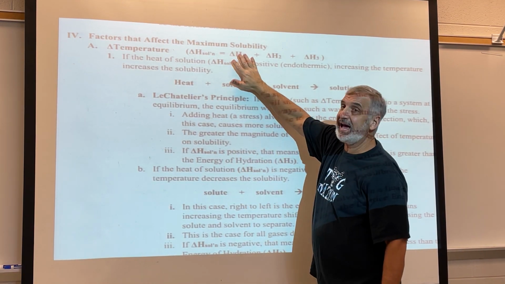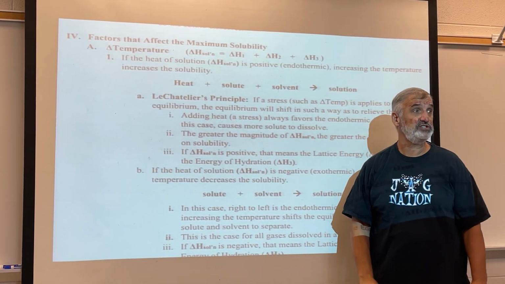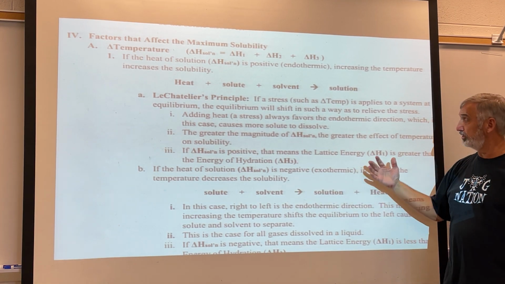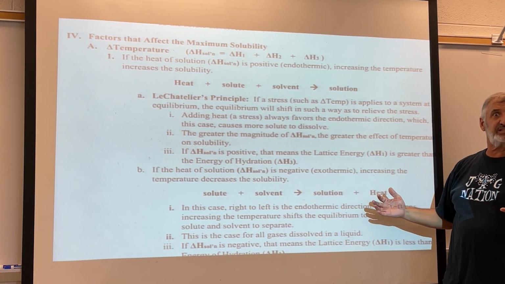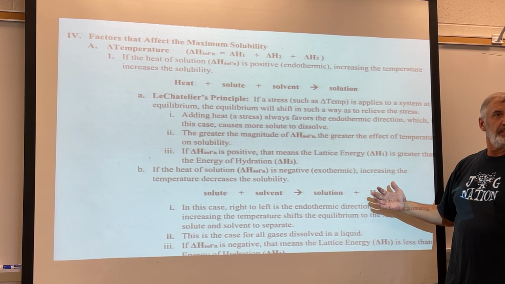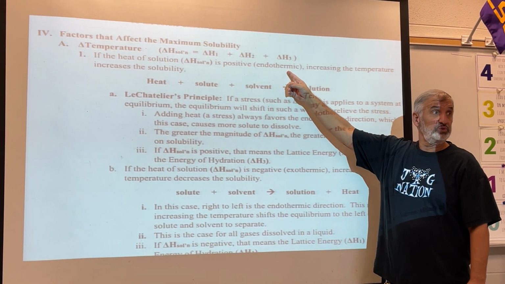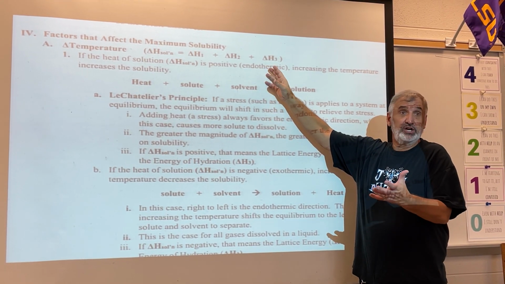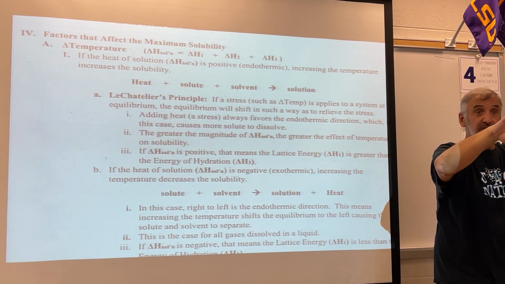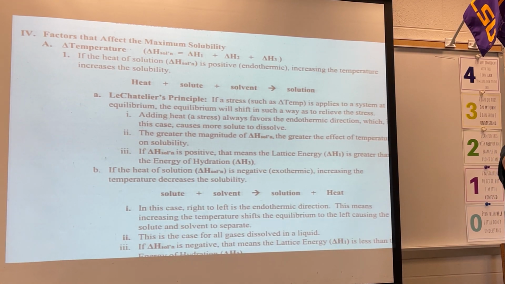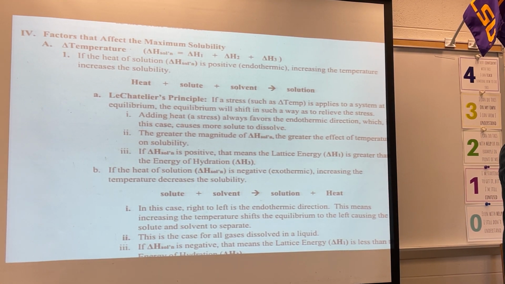If we have a positive heat of solution, that means the lattice energy is going to be greater than my energy of hydration. But if I have an exothermic one, like the sulfuric acid in water that we did, in that one the energy of hydration was greatly bigger than the covalent bond holding the hydrogen, because that's what had to break.